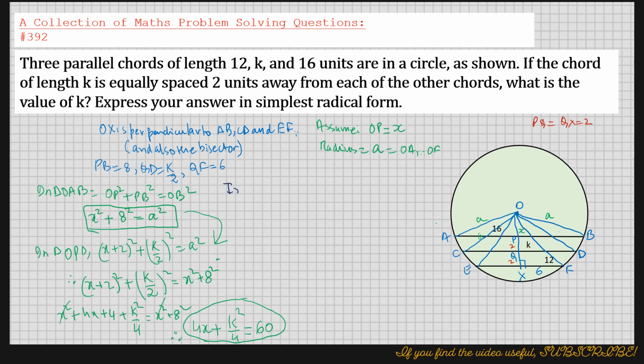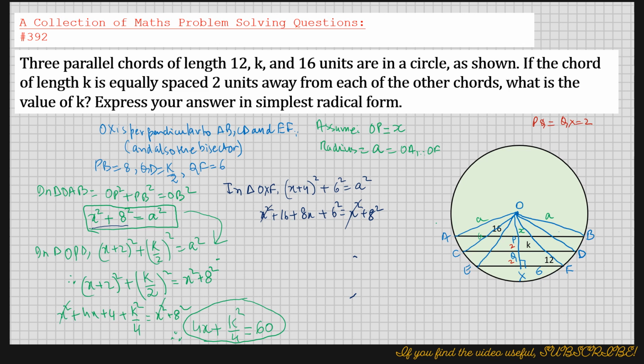Then the last triangle, triangle OXF: what we have is x plus 4 square plus 6 square equals a square. Once again, instead of a square, we put x square plus 8 square. So we write x square plus 8x plus 16 plus 6 square equals x square plus 8 square.